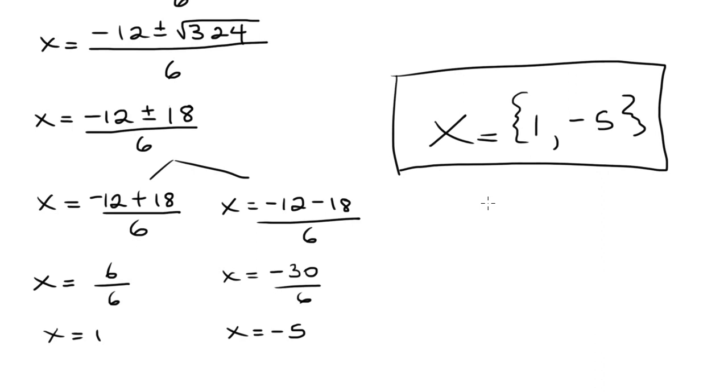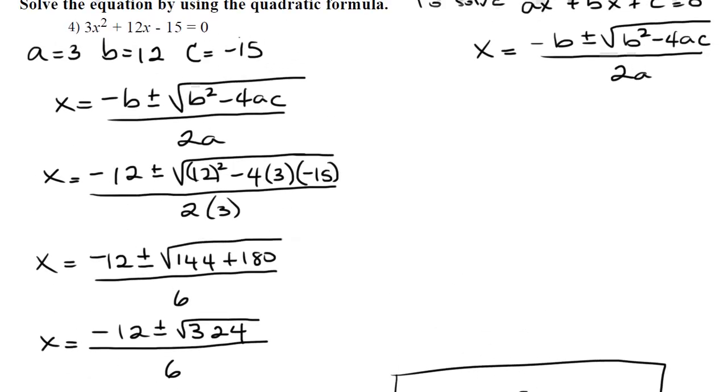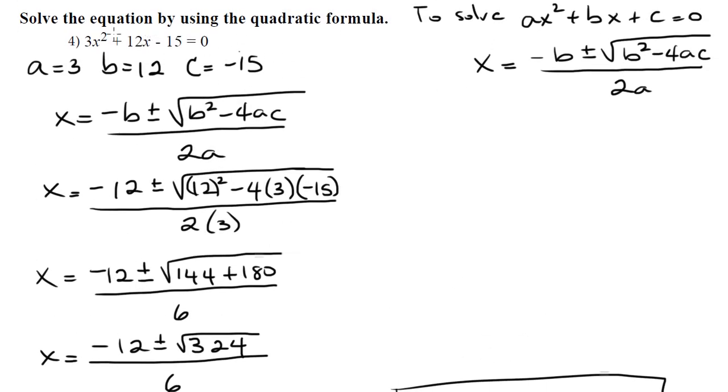Another thing, since these are rational numbers and they're whole numbers, that leads me to believe two things. One, that this original quadratic was factorable. Not only was it factorable, take a look at this.